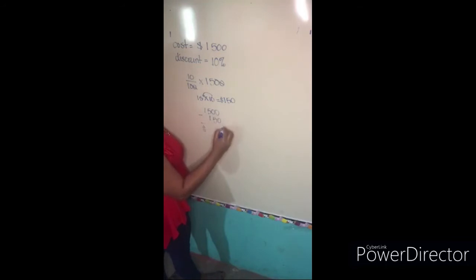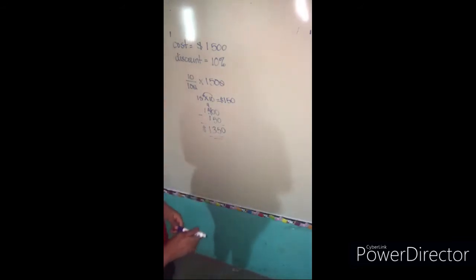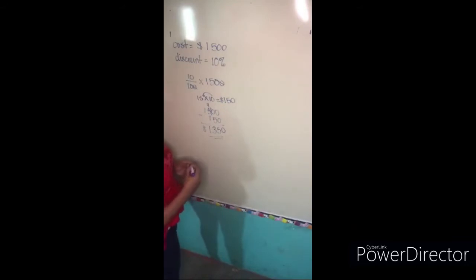We'll bring down the 0. We need to borrow from here because 0 can't take away 5, right? 10 minus 5, 5. 4 minus 1, 3. And we bring down the 1. So the total that we're going to pay is $1,350. That's a good save, right?